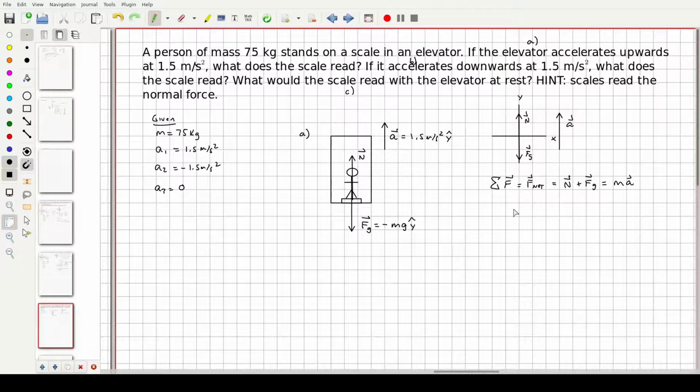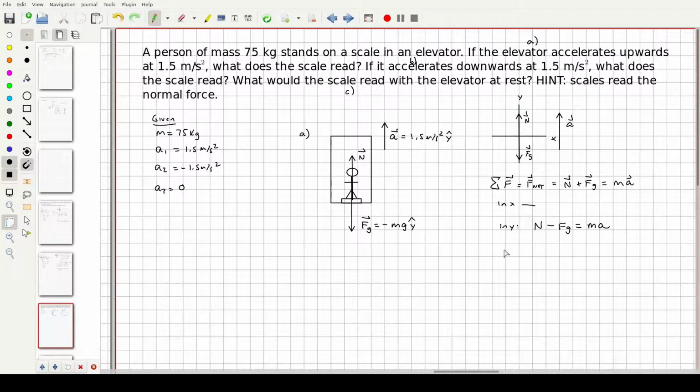Now, in the x direction, nothing interesting. In y, though, there's a lot interesting. You have a normal force that points up and a weight that points down, and this is going to act on the mass of the person to cause that acceleration. What we want here is what the scale reads, and scales, like I said, read how much they're pushing back on you with, so they read normal forces.